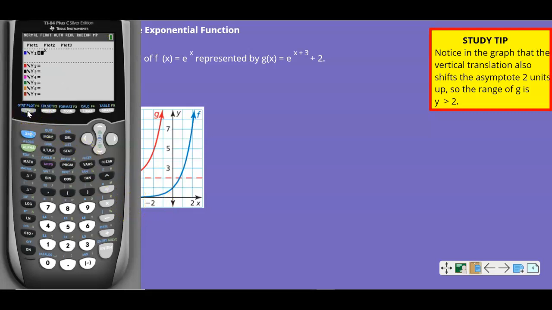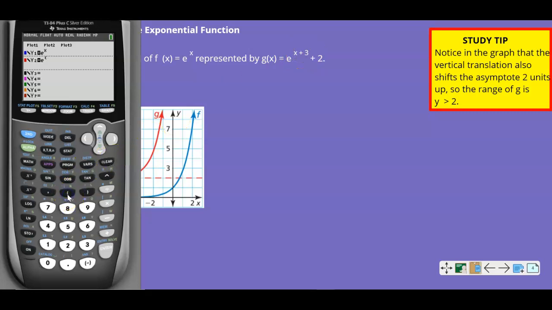Then if you wanted to graph the exponential function, the transformation, g of x, you could do that as well. So we're going to graph e, and then we're going to raise that. And this time we want x plus 3. So you're going to have to put this in parentheses because this is your horizontal movement.